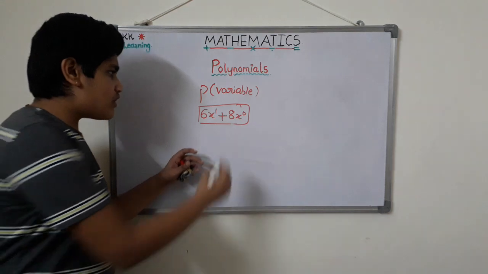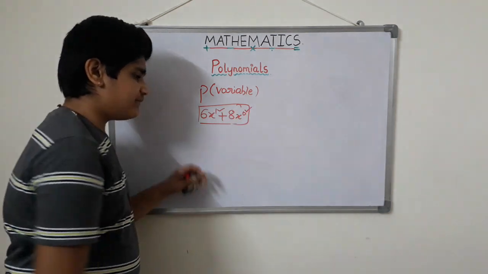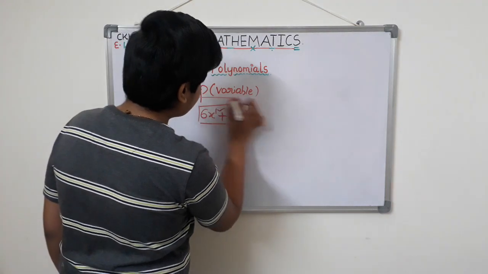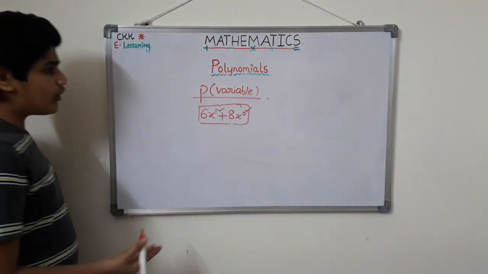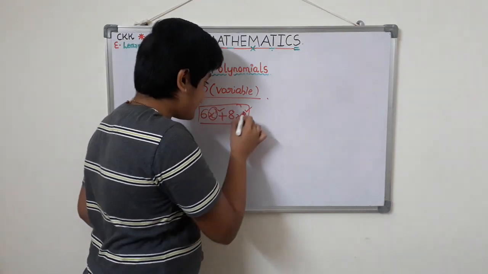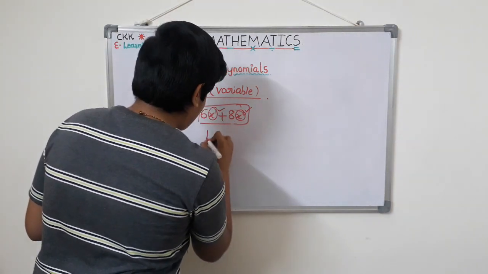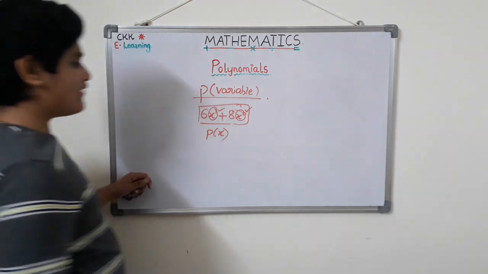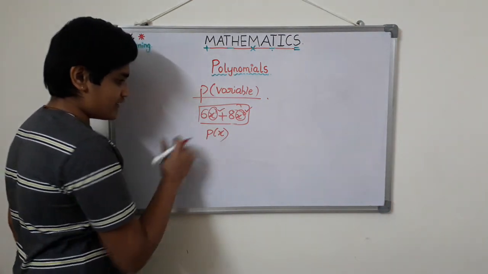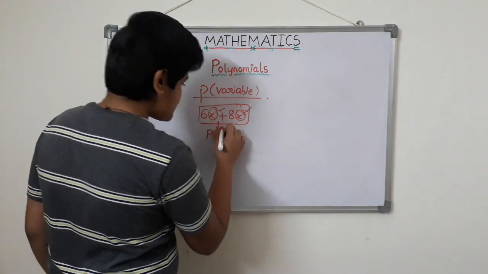This is a polynomial because the powers are whole numbers. Listen carefully. I said P of variable, which means whichever variable you see in the polynomial. Here it is x, so this polynomial is represented as P of x.